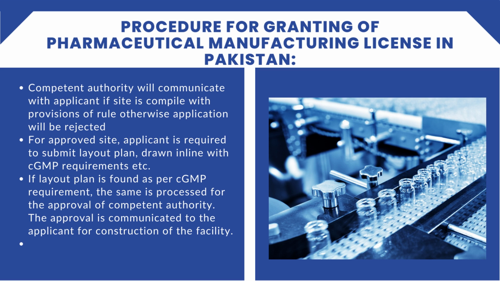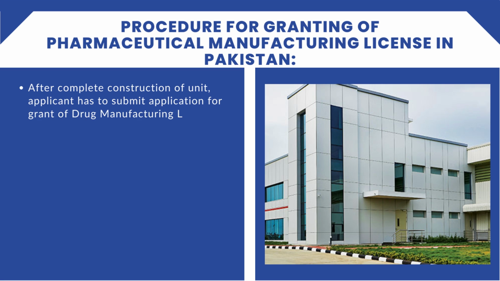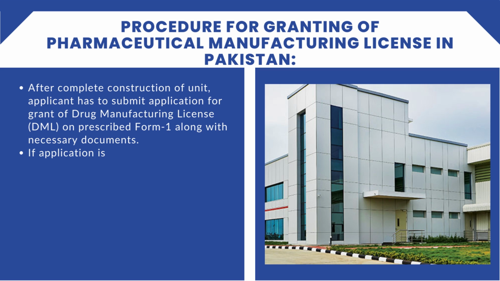After complete construction of the unit, the applicant has to submit an application for grant of drug manufacturing license (DML) on prescribed Form 1 along with necessary documents. If the application fulfills all formalities, then inspection is carried out by a constituted panel.